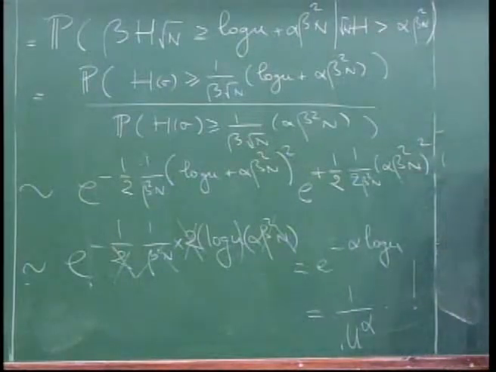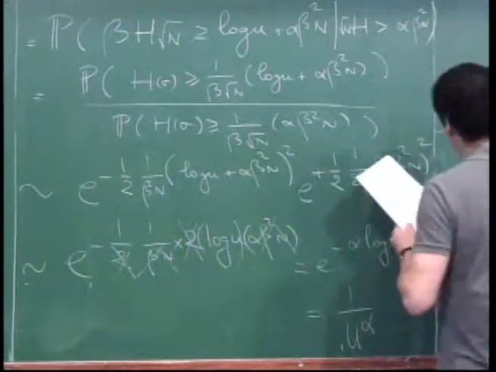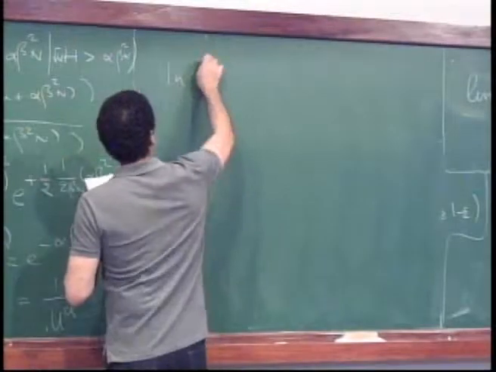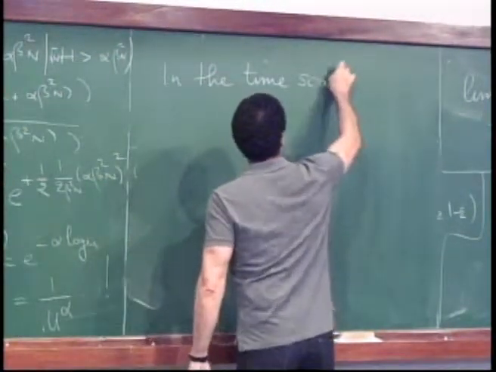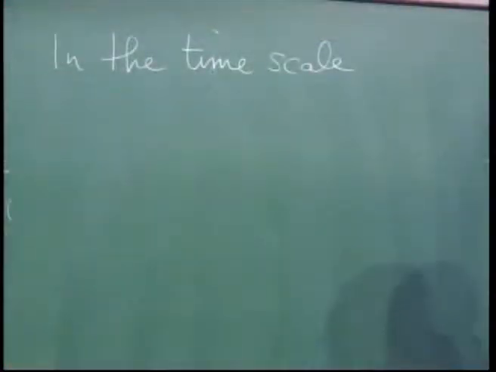And now let's look at what happens to the REM. Or maybe I should just explain what happens for the p-spin in general, but okay, let's look at what happens to the REM. I say that in words. So in the time scale, so now I'm talking about the REM, and then things will be simpler.